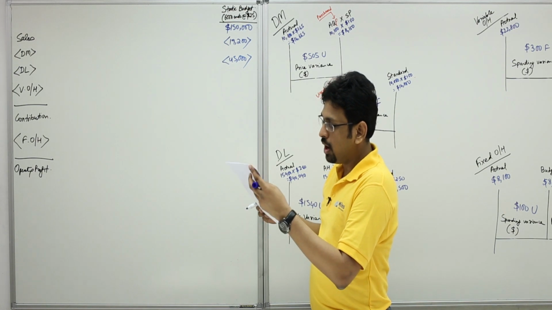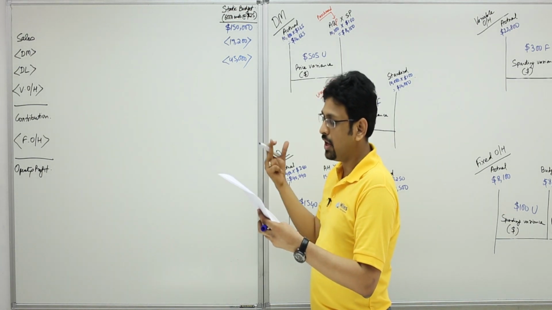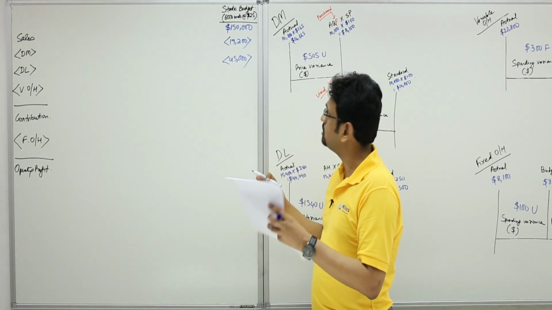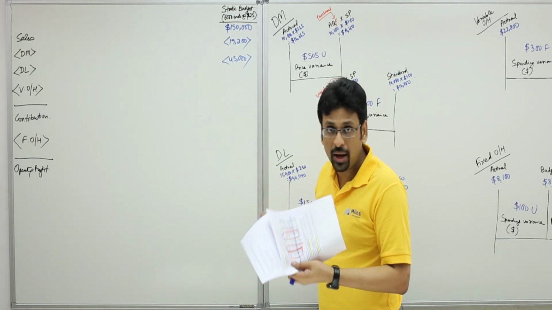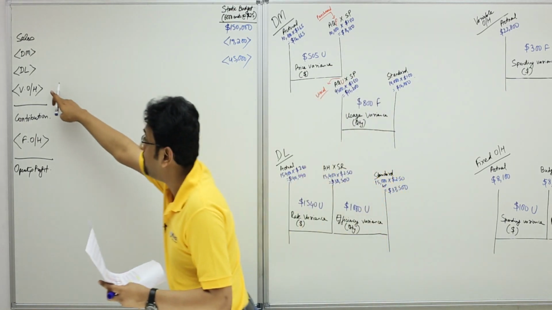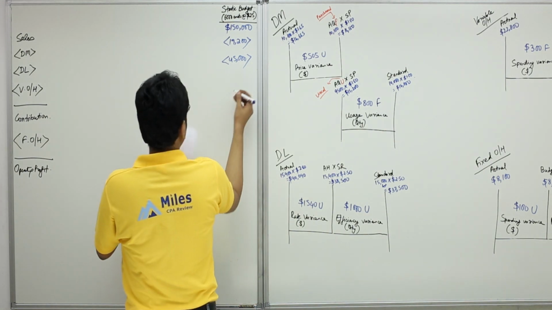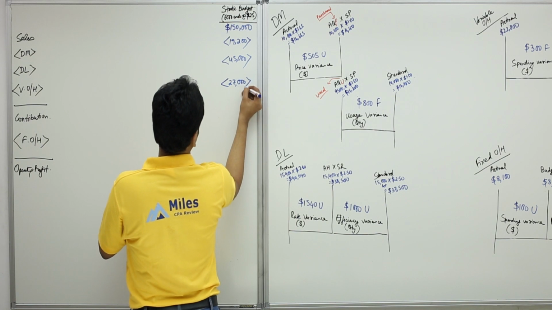Okay, now the budgeted variable overhead per direct labor hour is $1.50. So to produce 6,000 units, they're going to use 18,000 labor hours, at $1.50 of variable overhead per labor hour. So that is $27,000 of variable overhead.